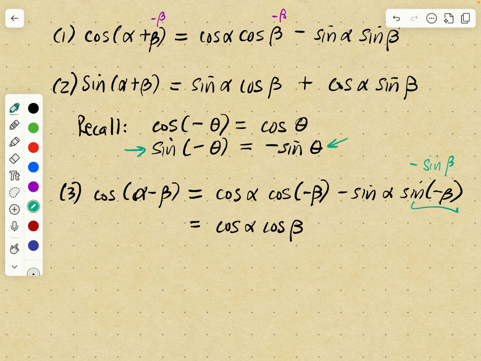So you're going to get negative sine beta, and then you have this negative here, and that's going to cancel with the negative here. So you're going to get plus sine alpha sine beta. So now we get this identity.